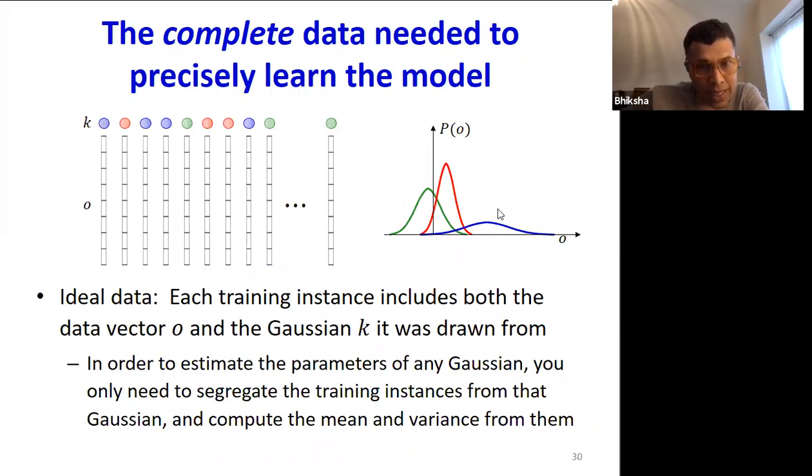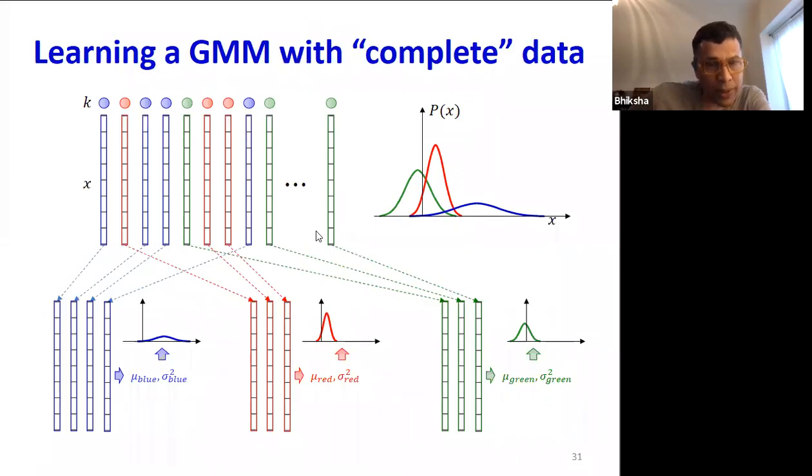So if you have green, red, and blue Gaussians, then you would know that the generator, in drawing this first vector, first chose the blue Gaussian and then drew the observation from it. And then for the second one, maybe it chose the red Gaussian and then drew the observation from it. If you have all of this information, then estimating all of the parameters of the model is easy. I can just segregate out all of the vectors that came from the blue Gaussian, and I can estimate the mean and the variance of the blue Gaussian simply by, the mean is the average, the formula.